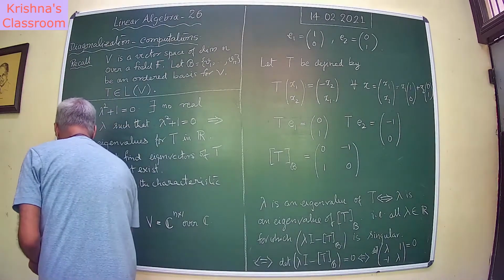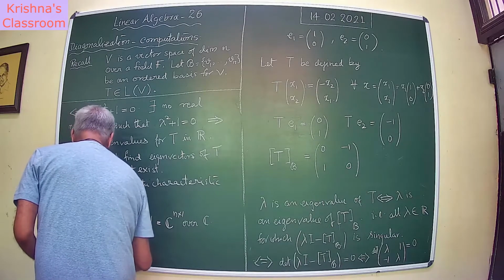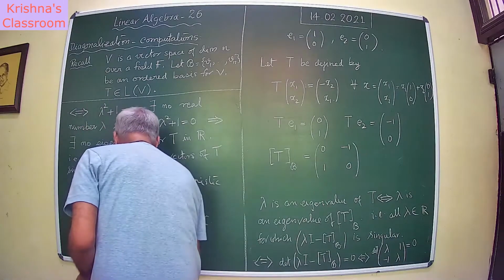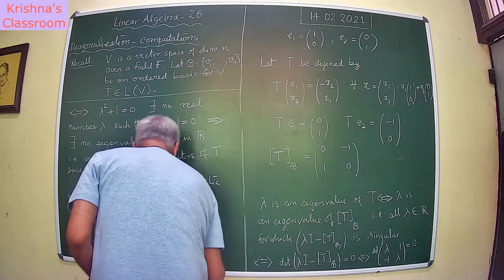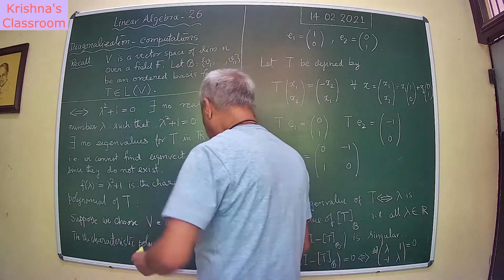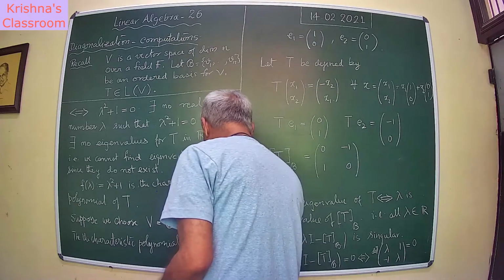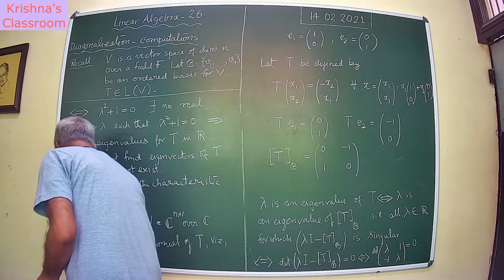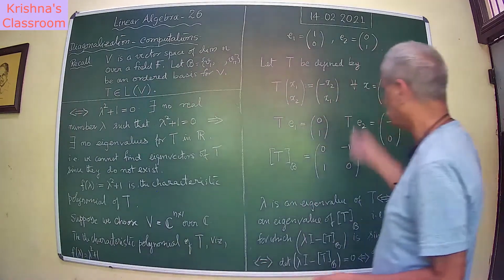Then the characteristic polynomial remains the same. There is no change at all as you can go through this analysis.